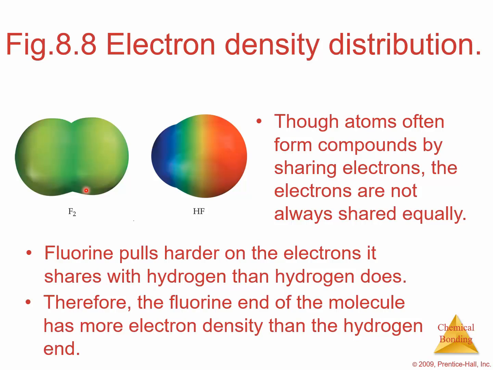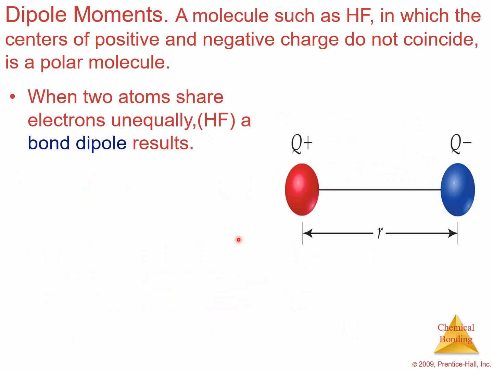Electronegativity is important, as we will see, in determining whether a bond is polar or not. The greater the difference in electronegativity between two atoms, the more polar their bond. Now we come to a concept called dipole moments.